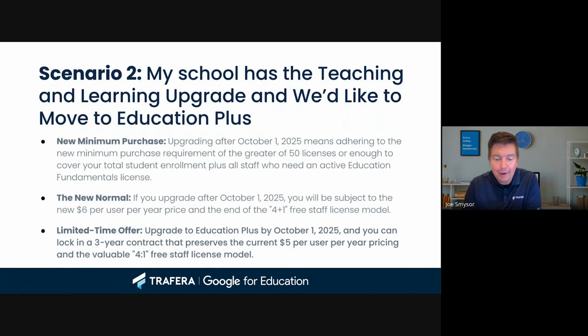If you upgrade after October 1st, you'll be subject to the new per user licensing model, which requires you to purchase a minimum of 50 licenses or enough to cover all students and staff at the increased price of $6 per user per year. However, by upgrading to Education Plus before October 1st, you can secure a 3-year contract that preserves that $5 per user price, as well as the 4-to-1 ratio, providing a significant opportunity for cost savings and a smoother transition to this new licensing structure.